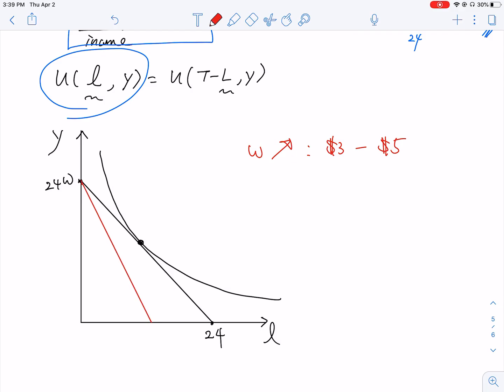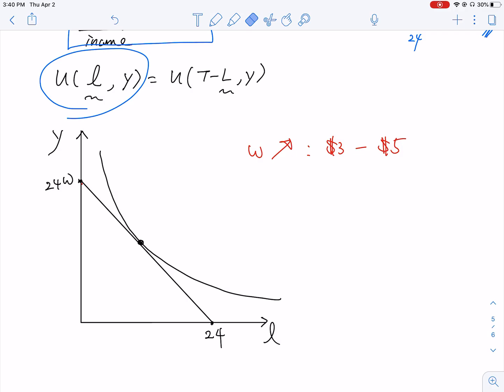This is how we used to draw the change of the budget line. Is it correct? No. This is completely wrong this time. Why? Because you need to draw the budget line at the endowment all the time.